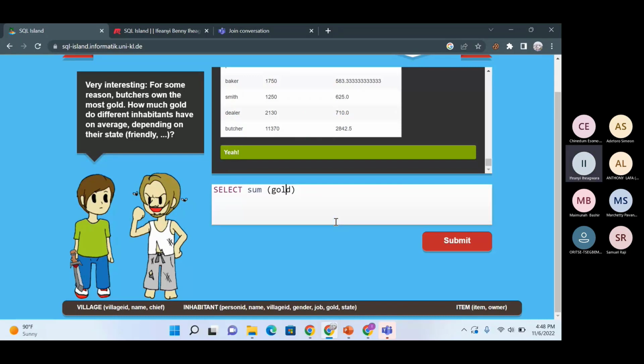So let's get the state of the person. You want the column called the state. You also want the average, and the average is AVG. So the average of the goods, where we need to get it from the inhabitants table.